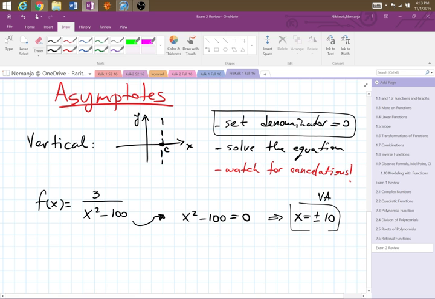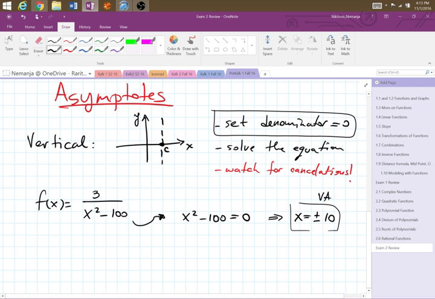Vertical asymptotes are also breaks in the domain. So the domain for this function would be from negative infinity to negative 10, then negative 10 to positive 10, and then positive 10 all the way to positive infinity. So these vertical asymptotes are also breaks in the domain. And that's it for vertical asymptotes.